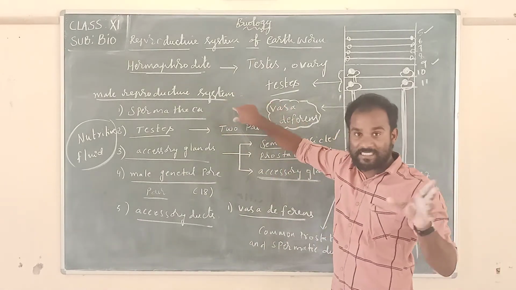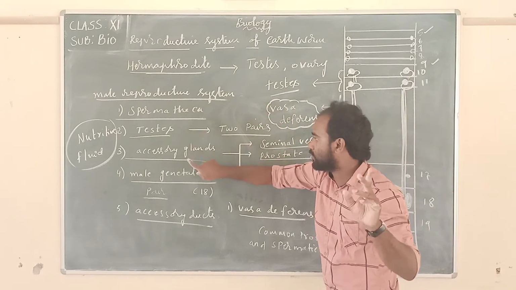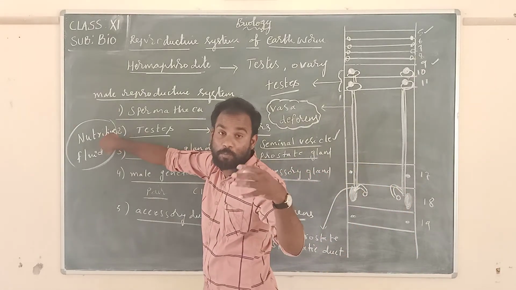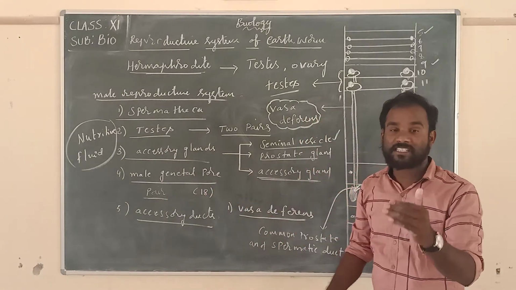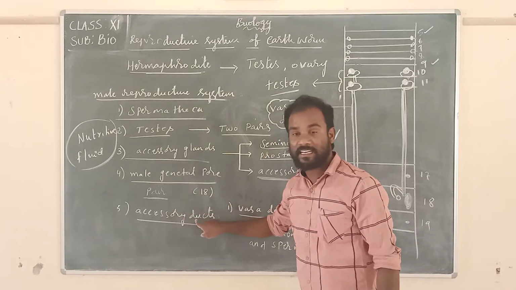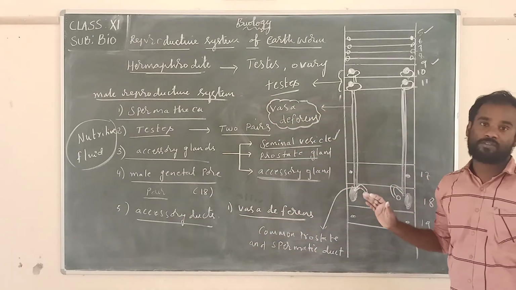About this, we will discuss very clearly during copulation. Testis releases sperms. Accessory glands secrete nutritive fluid which provides nourishment to the sperms. Male genital pore is the structure through which the sperms are discharged outside. Accessory ducts help in the transportation of the sperms.